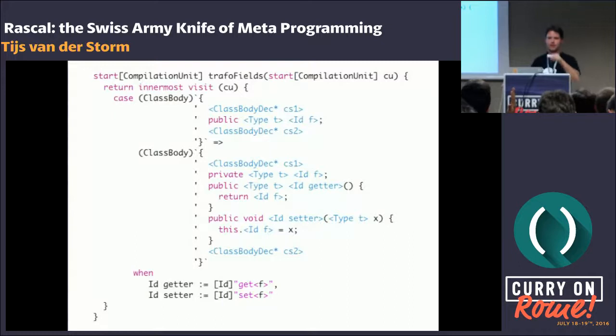So there was a question, Alex. Is Rascal bootstrapped? The parser is bootstrapped. The parser of Rascal is bootstrapped in itself. What I've shown you is based on the Rascal interpreter, which is our way of getting off the ground.